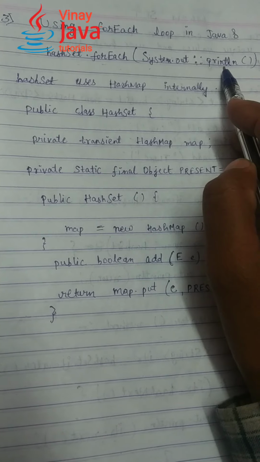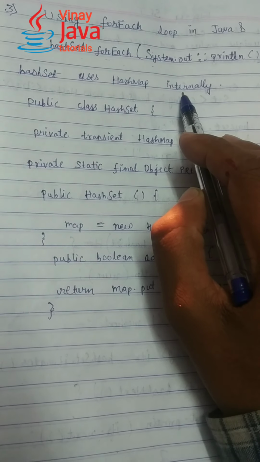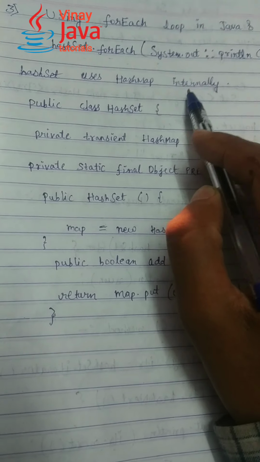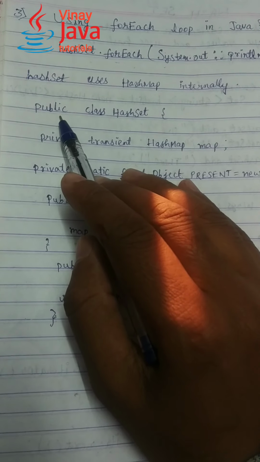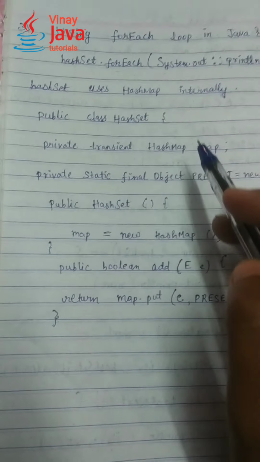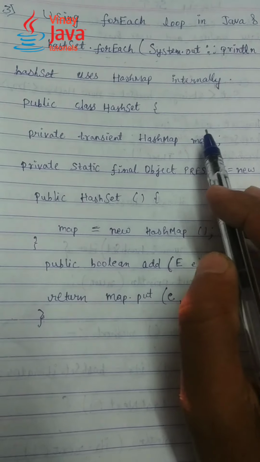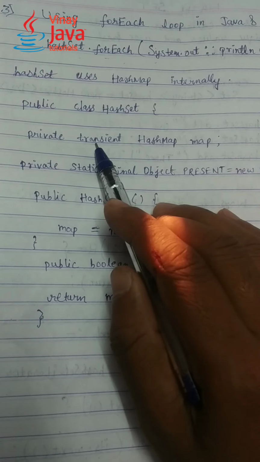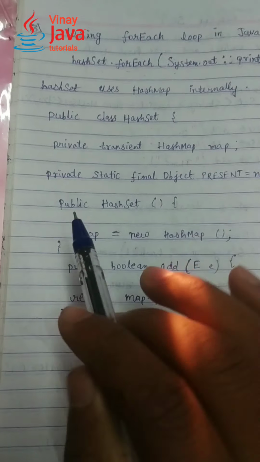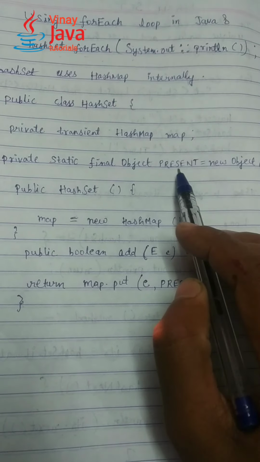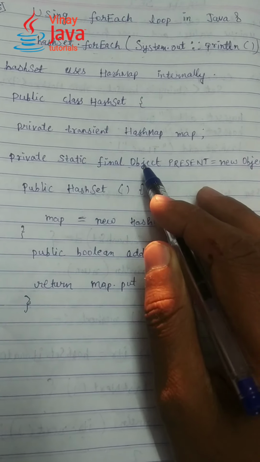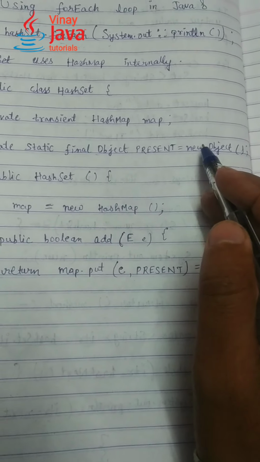Then how does hash set work internally? Hash set uses hash map. Let's see, this hash set is a class which has a hash map object which is transient, and there is a present variable which is of Object type. Object is the superclass of all the classes.